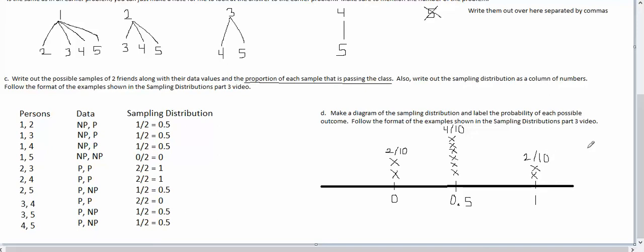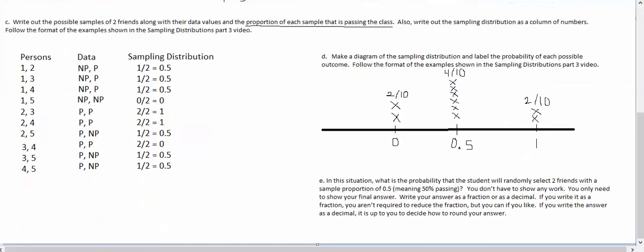So now we're ready to move on to part E, in which we just look up one of these probabilities. Part E says, when this student randomly selects the two friends from the population, what's the probability that they will get two friends with a sample proportion of 0.5? In other words, a sample of two people that's half and half, one passing, one not passing.